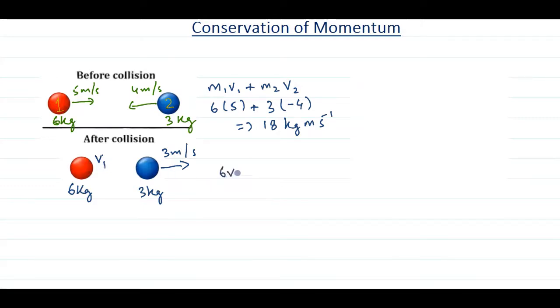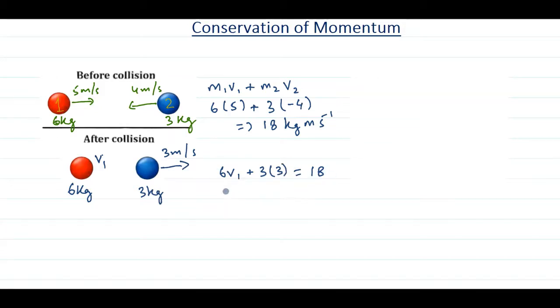So 6 times v1 plus 3 times 3 should be equal to 18, because the momentum has to remain the same. The momentum in this case is given by the first object's mass multiplied by its velocity plus the second object's mass multiplied by its velocity, and this is the total momentum for the system, and it has to be equal to 18.